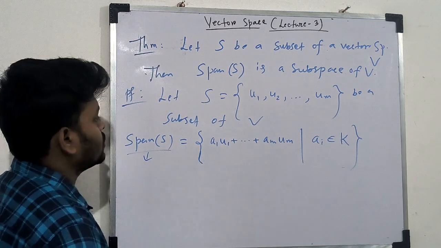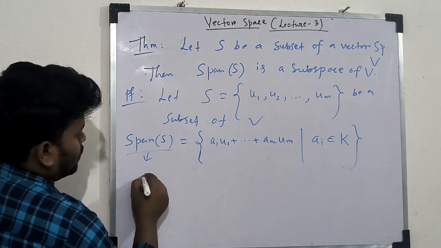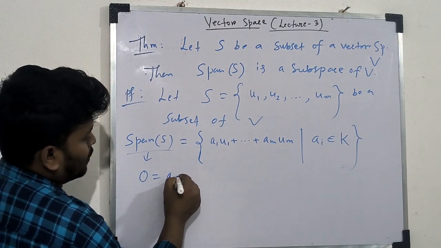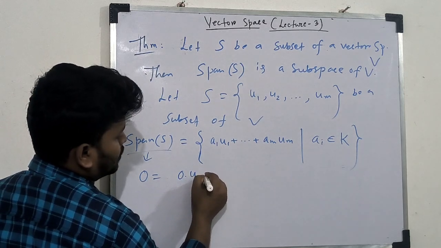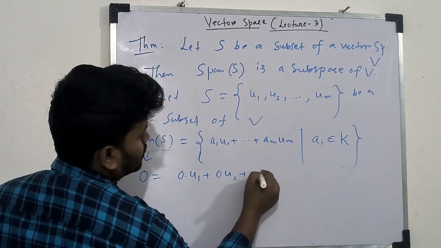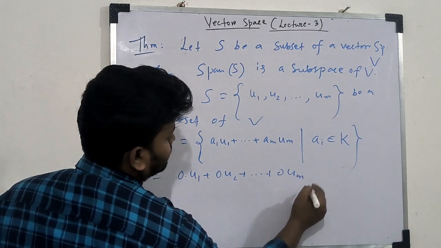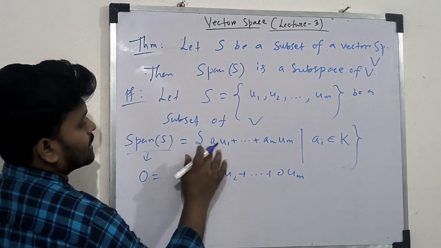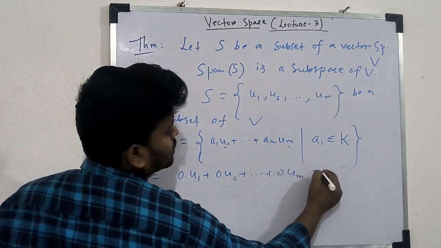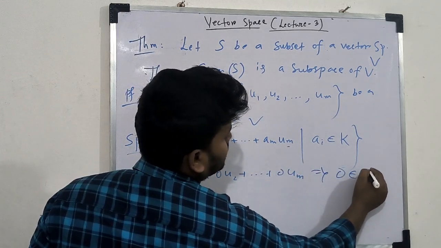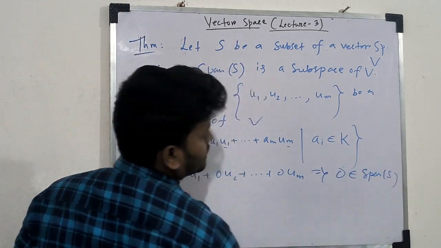Okay. So for that, first we know 0 can be written as 0 into u1 plus 0 into u2 plus ... plus 0 into um. So as 0 is a linear combination of u1, u2, ..., um, this implies that the zero vector belongs to this span S. Okay.